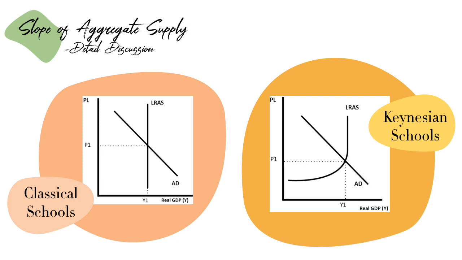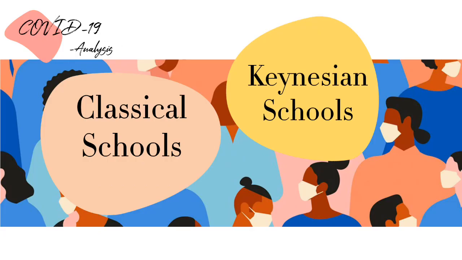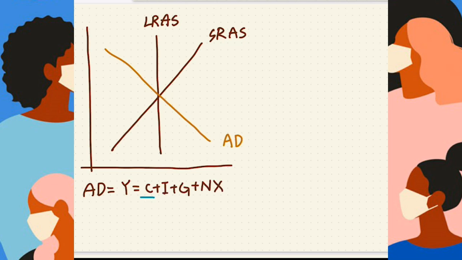They think that the economy can be below full capacity for various reasons. At the end, let's take a look at how these models are used in the real world. Let's analyze the situation of COVID-19. Due to the quarantine, we cannot go out, so consumption must go down.